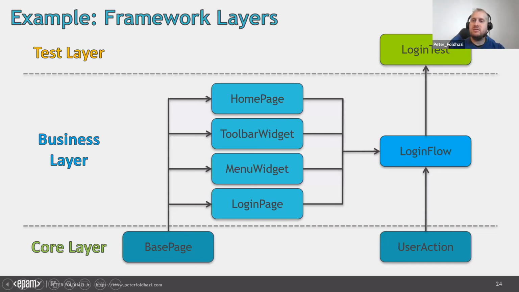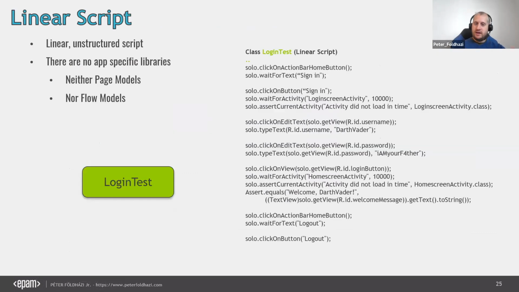And of course, there's one scenario here that I'm leveraging for showing you this example with code. This is a set of coded lines that I have shown you before, a linear scripting approach. Obviously, this is not maintainable in the long run and not reusable. So the copy-paste pattern is not how you should be doing it. And so there are no page models here, nor flow models.